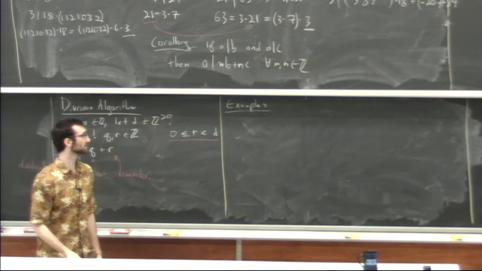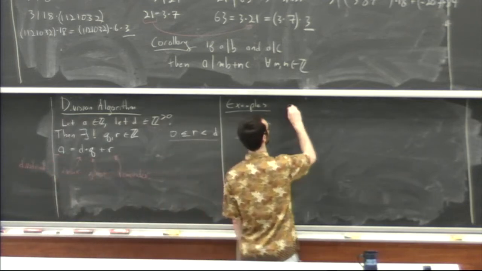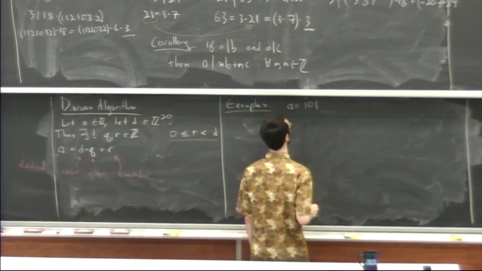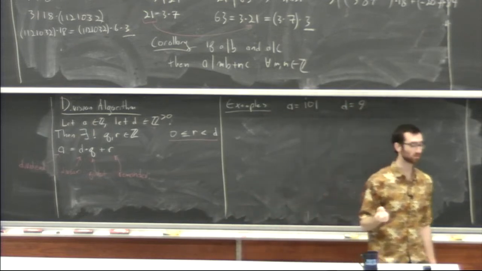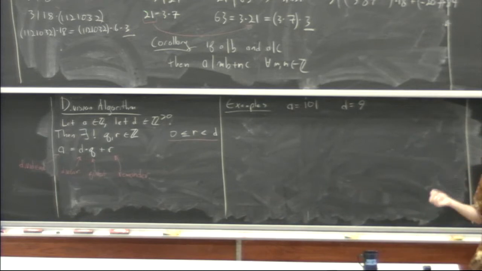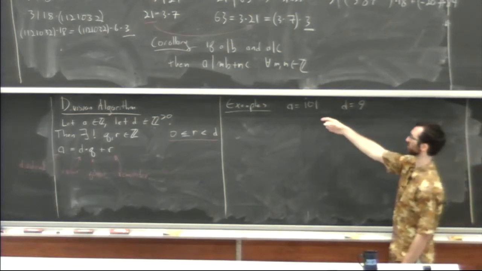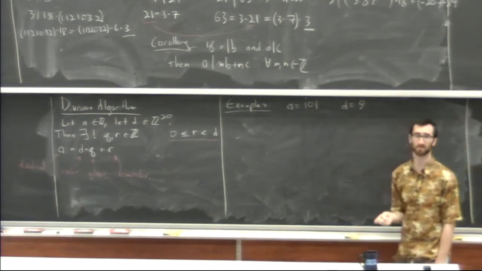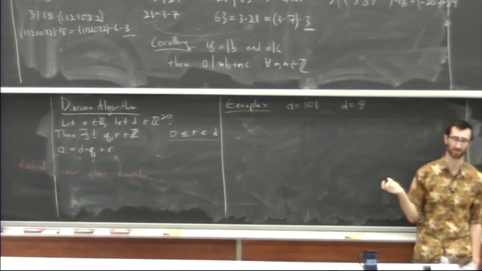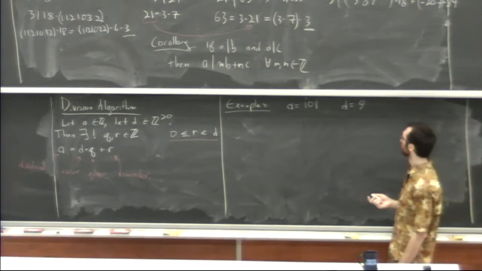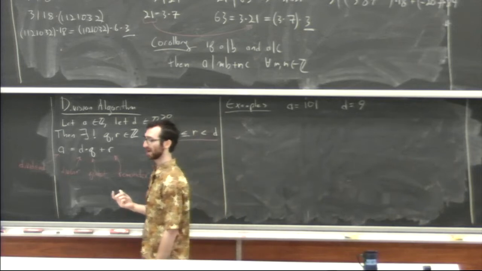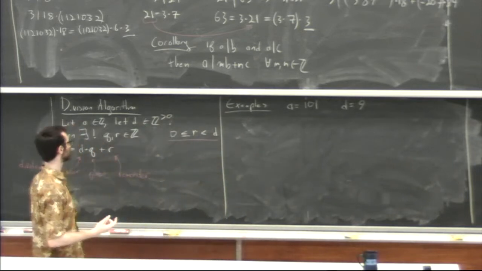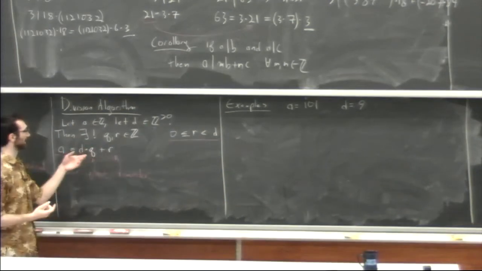So for instance, let's take A is equal to 101 and D is equal to 9. I picked two integers, 101 and 9, and I'm trying to divide 101 by 9. And 9 does not divide 101 precisely on the nose. Okay, that's fine. What the division algorithm tells me is that I have some sort of best way of getting close.